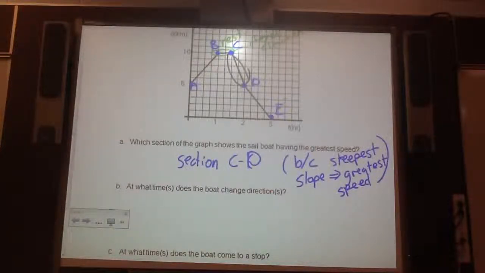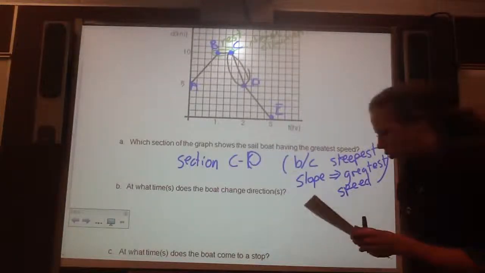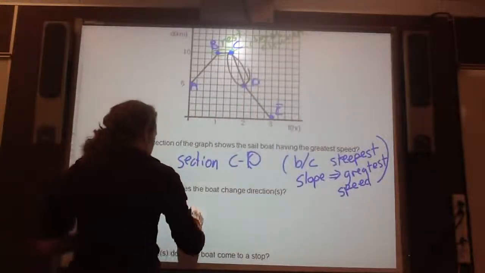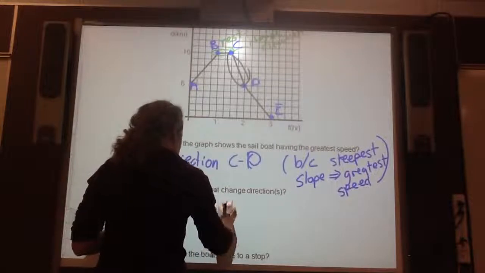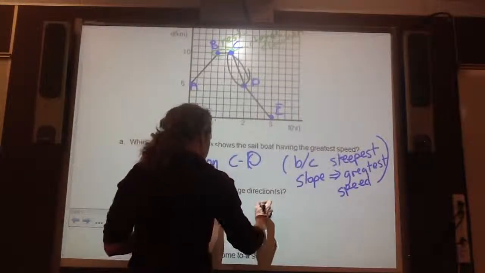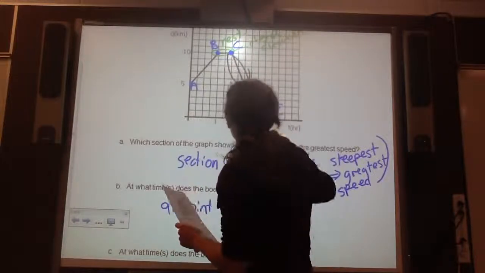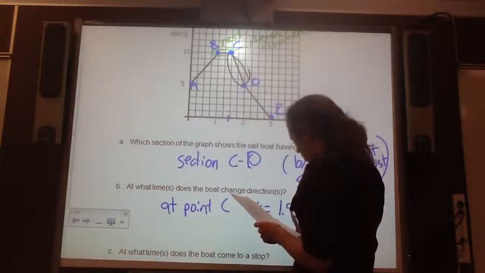At what point, at what time does the boat change direction? So we say, as we already identified, at point C, which we know that time is what? Time is 1.5 hours.